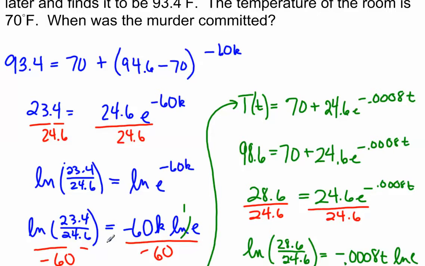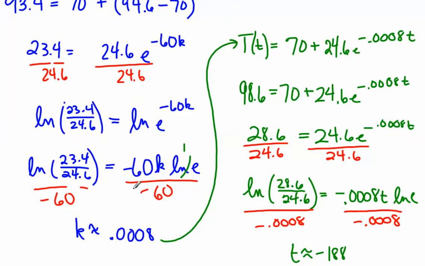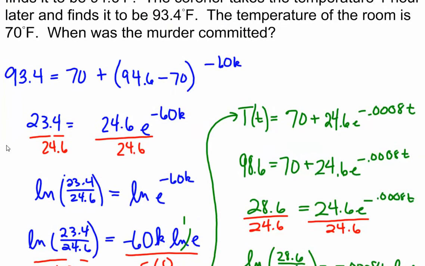So it's ln of this fraction equals negative 60k times ln of e. Cross off the ln of e because that's really just 1, and that tells me then that I have to divide by negative 60, and I get my k, which is about 0.0008.